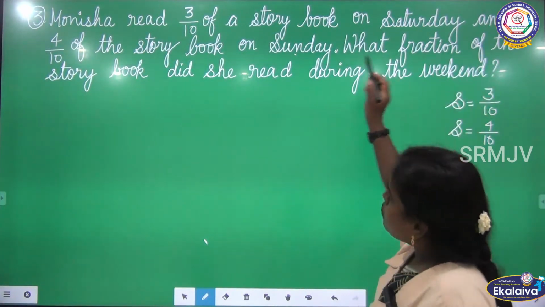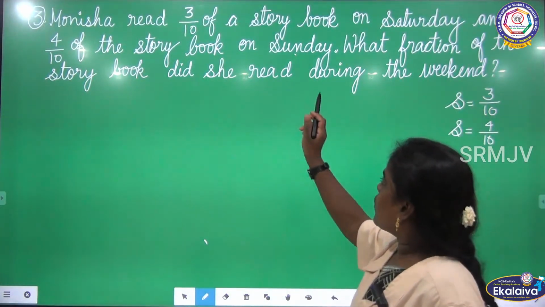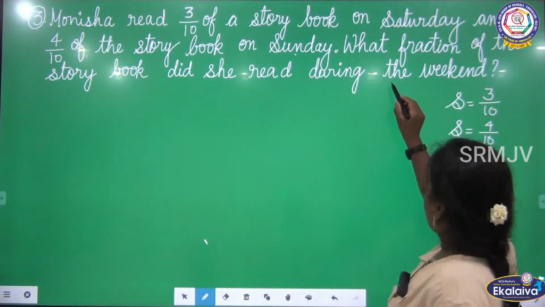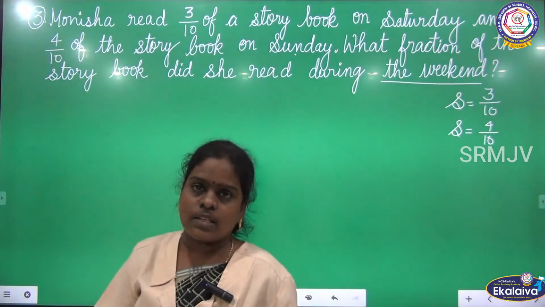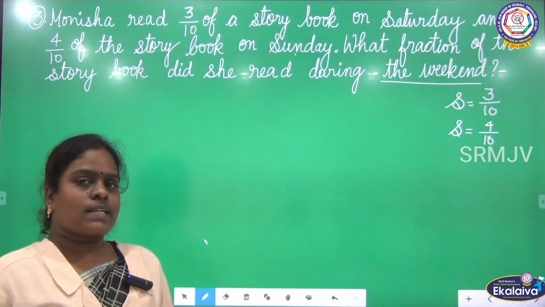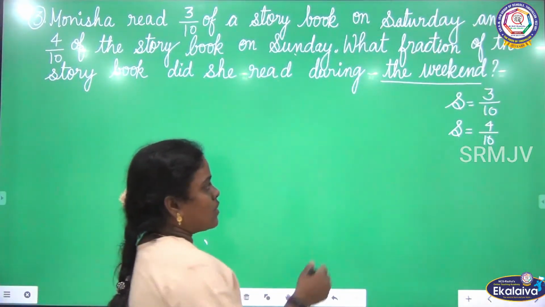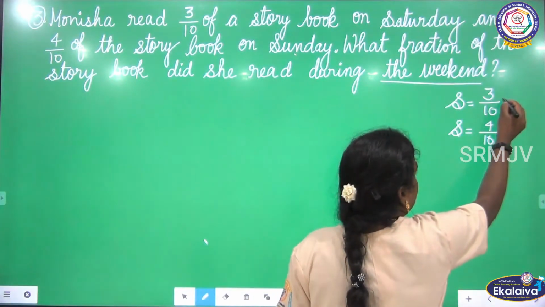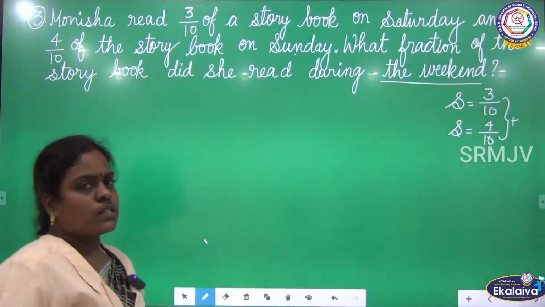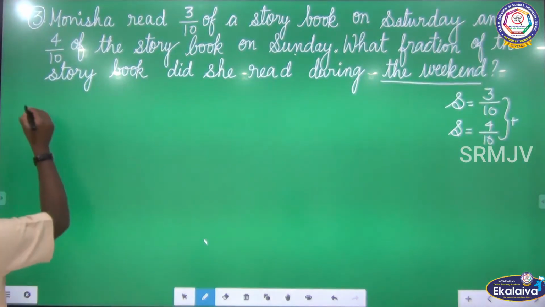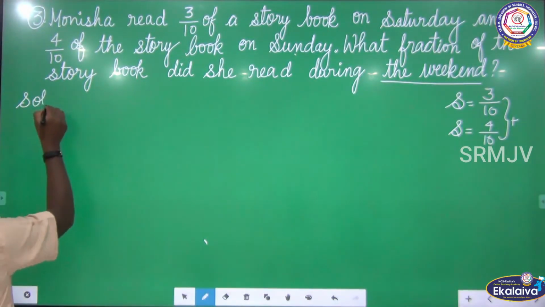What fraction of the storybook did she read during the weekend? So we have to find out in both the days how much did she read. So we want to add to get the total amount of the book which she read. So let us write the solution.